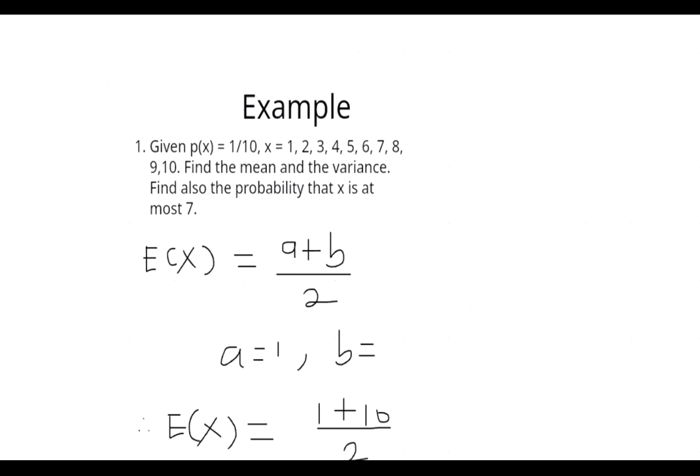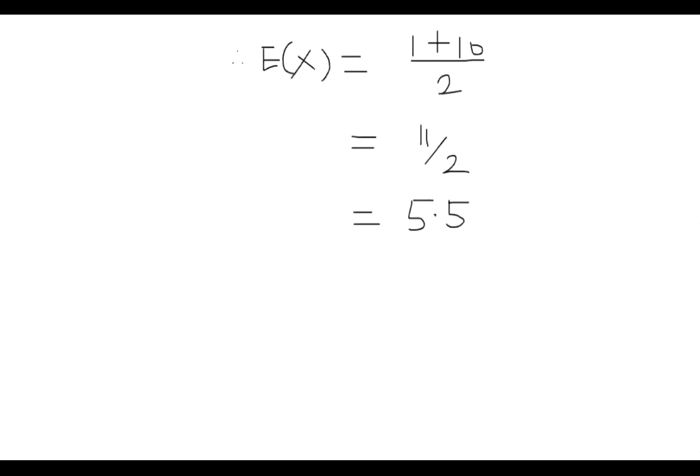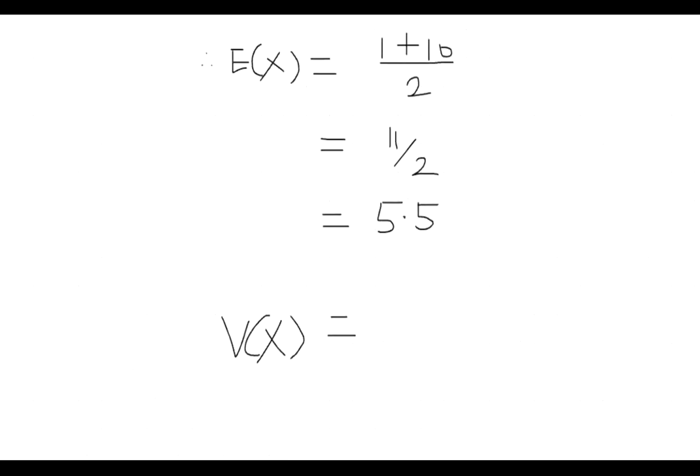And we can find the variance. What will be the variance in this case? The variance is going to be something like (B minus A plus 1) all squared, minus 1, all divided by 12.